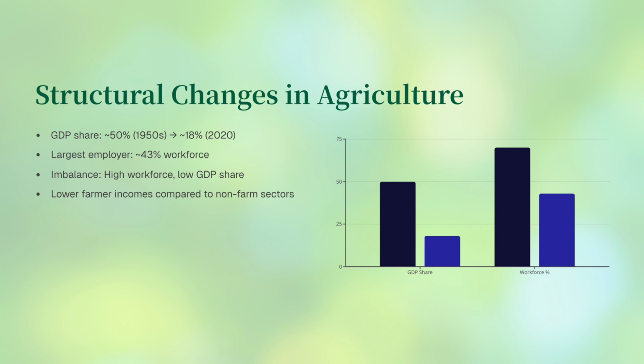The reason lies in the rapid growth of industrial and service sectors, typical in emerging economies, which overshadow agriculture's relative economic contribution. Nevertheless, agriculture remains India's largest employment sector, engaging approximately 43% of the workforce as of 2022. This imbalance indicates persistent issues like low labor productivity and disguised unemployment.